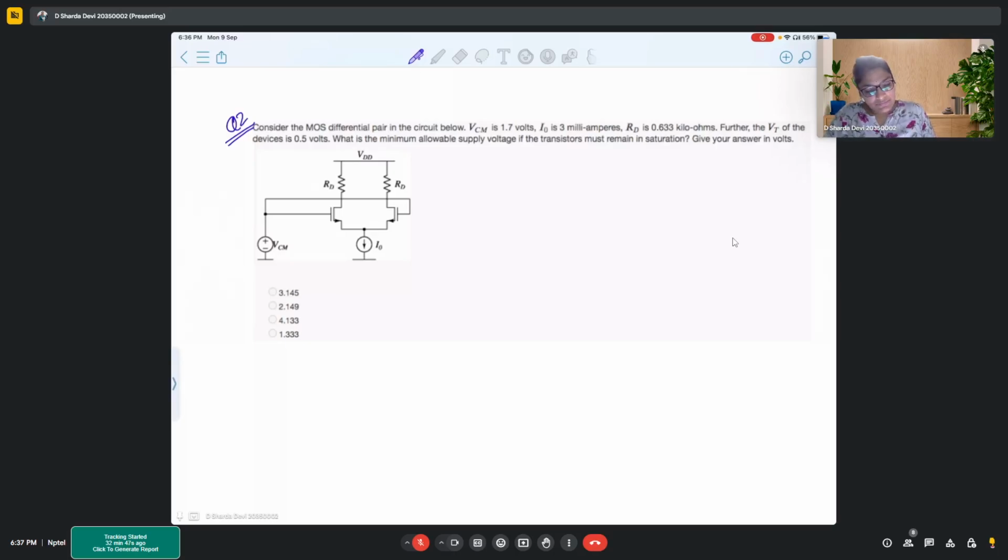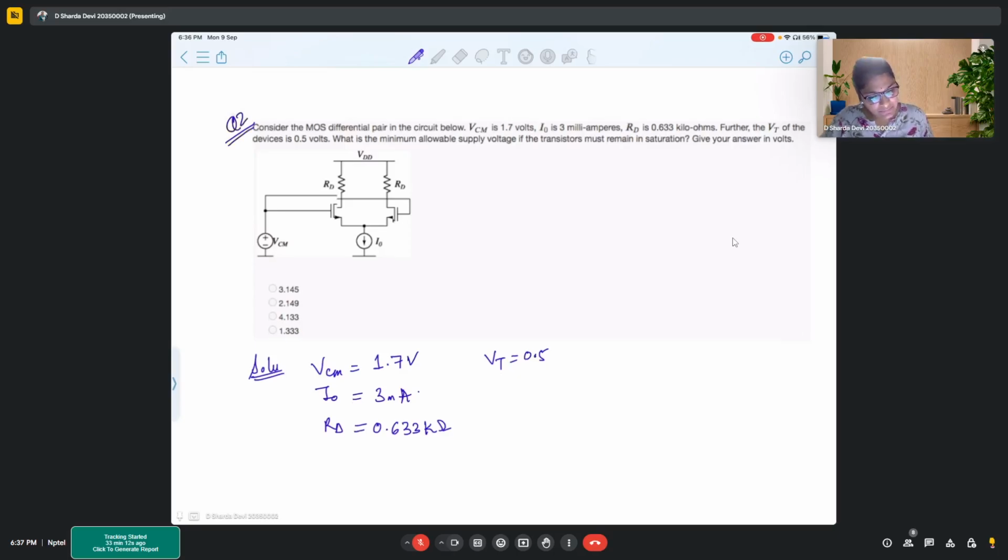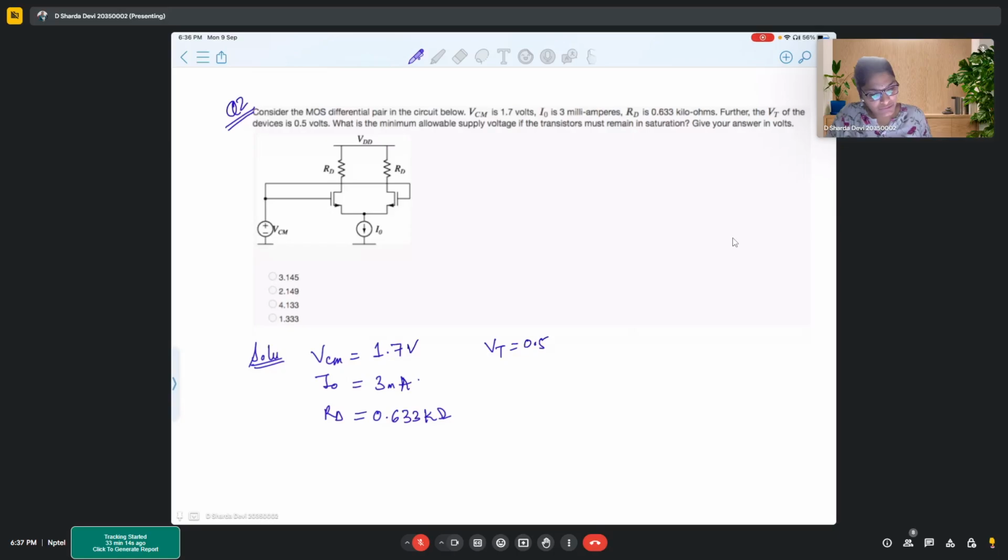Consider the MOS differential pair in this circuit with VCM of 1.7 volts, I naught is 3 milliampere, RD is 0.633 kilo ohms, VT is 0.5. What is the minimum allowable supply voltage if the transistor must remain in saturation?